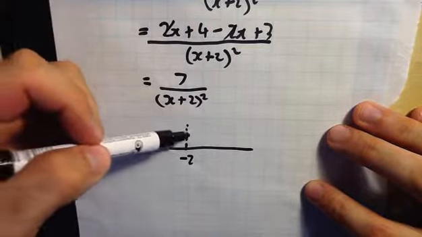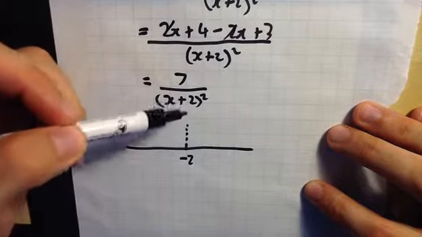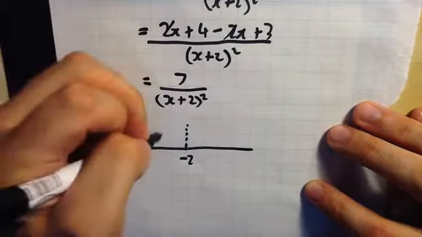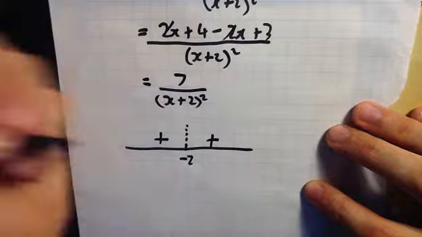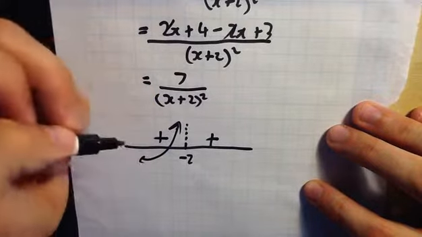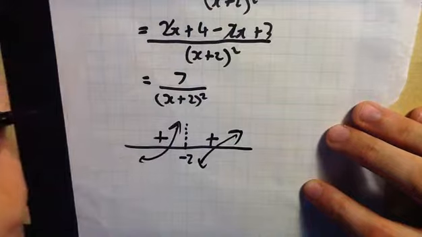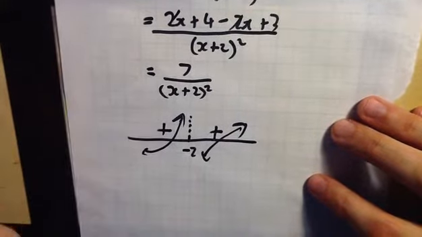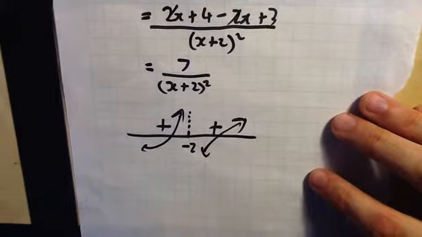Let's sub in a value less than negative 2, negative 3: negative 3 plus 2 is negative 1, squared is positive 1, so that's a positive. And if I subbed in 0, I also get a positive. So the function is increasing on this side of the asymptote and increasing on this side of the asymptote. That's the nature of my stationary points. I actually have no turning points.